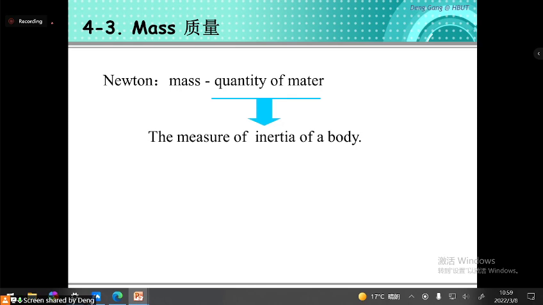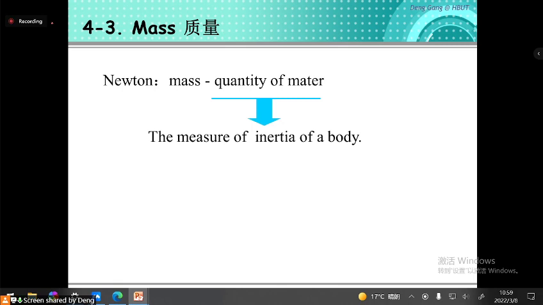And inertia means they want to keep their state of motion. It's not easy to change, which means it's easy to keep. So heavier objects tend to keep their state of motion. That means heavier objects have greater inertia.